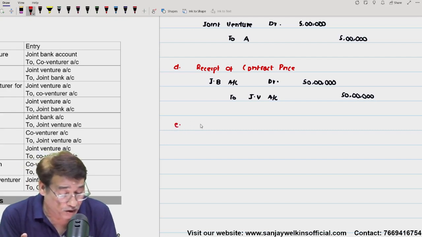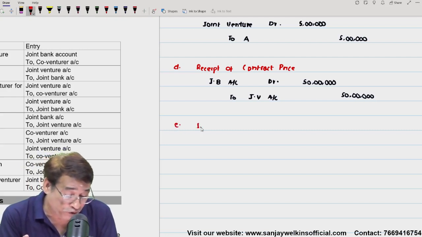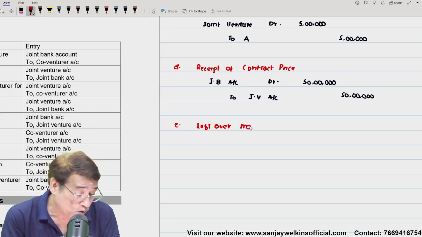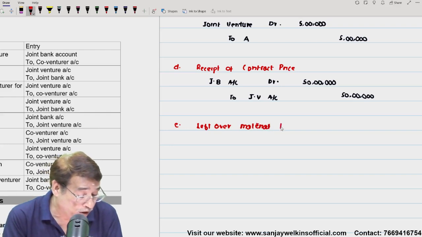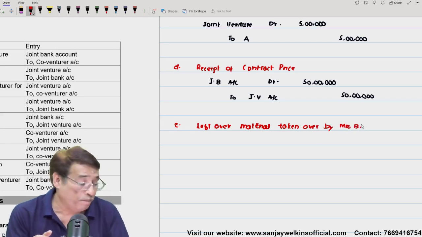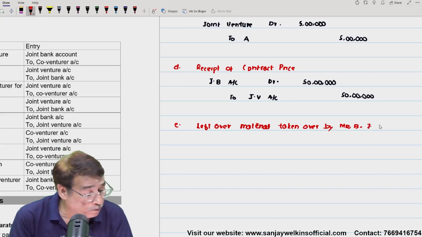Let us say leftover material taken over by Mr. B, rupees 10 lakhs. So 10 lakh worth of material has been taken over by Mr. B.